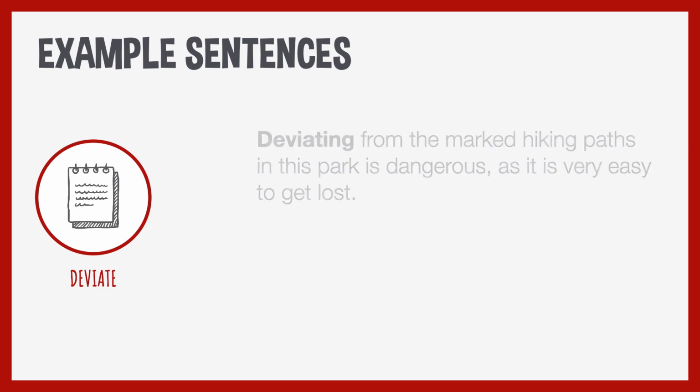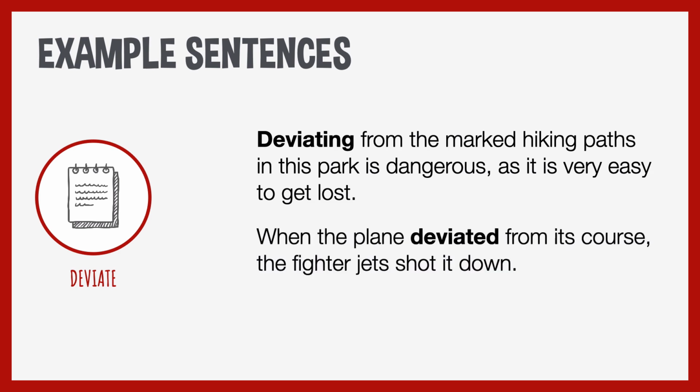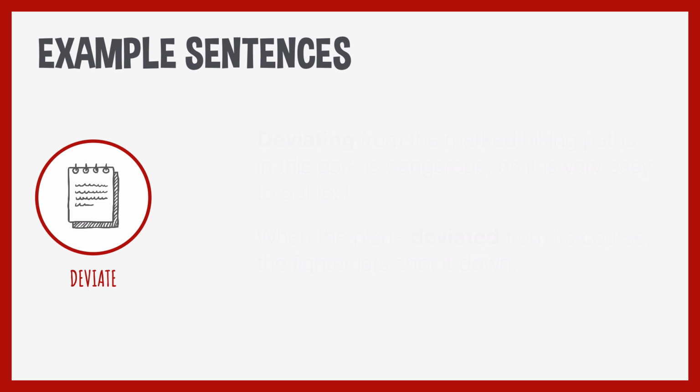And some examples. Deviating from the marked hiking paths in this park is dangerous as it is very easy to get lost. When the plane deviated from its course, the fighter jets shot it down. So these are 2 sentences where deviate means to go away from an established path or an established course.